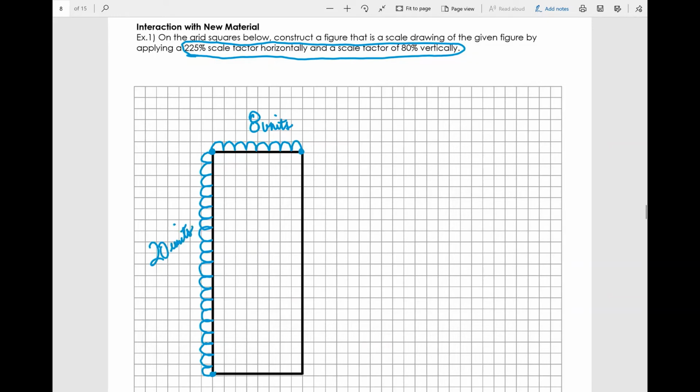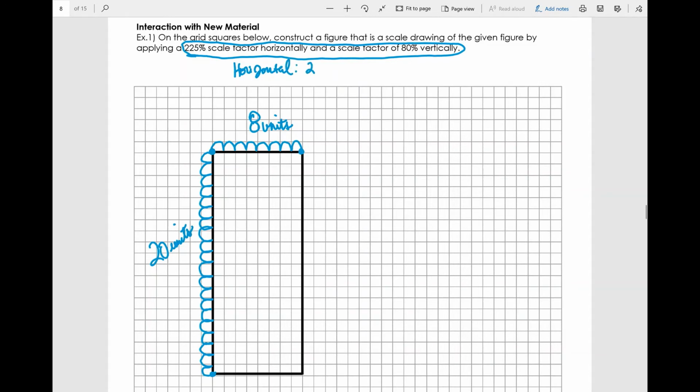So it wants us to apply a 225% scale factor to the horizontal side. I know for scale factor, just like we did for the Think About It, we're going to take, let's label horizontal first.